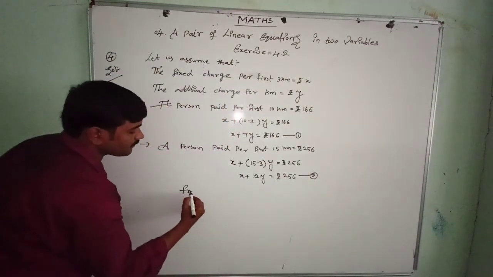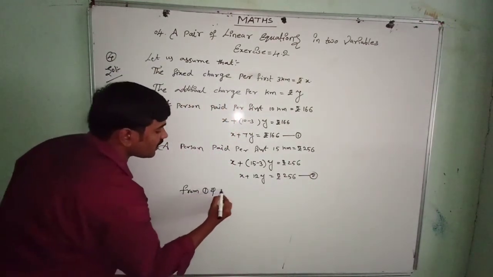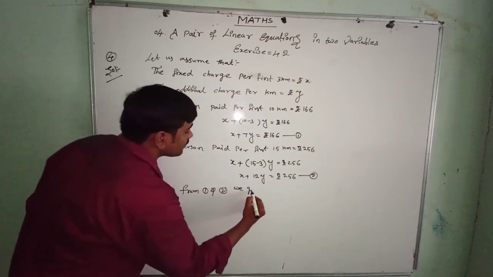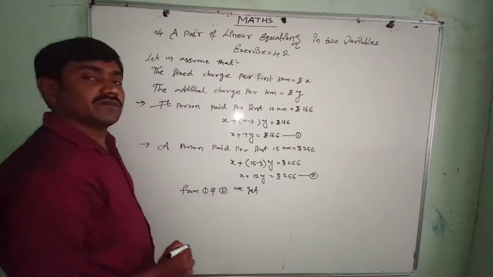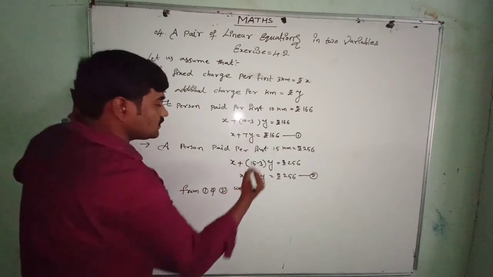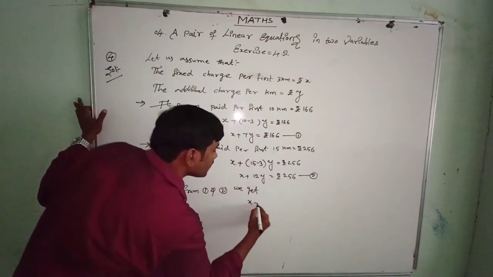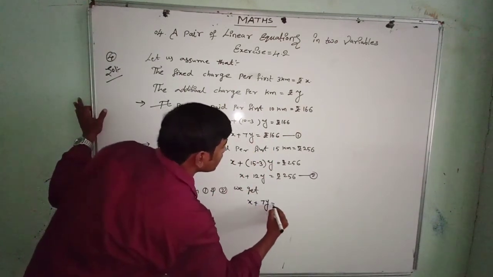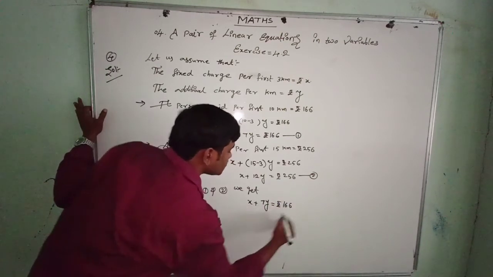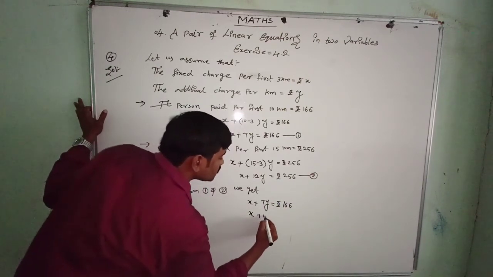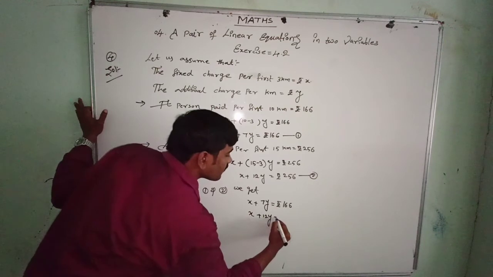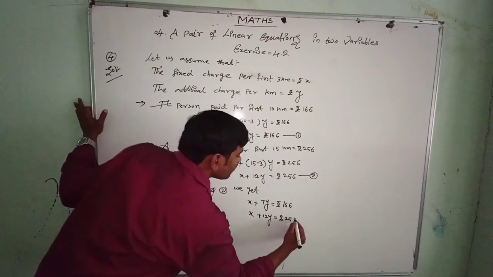From equation number 1 and 2, we get x plus 7y equal to rupees 166, x plus 12y equal to rupees 256.